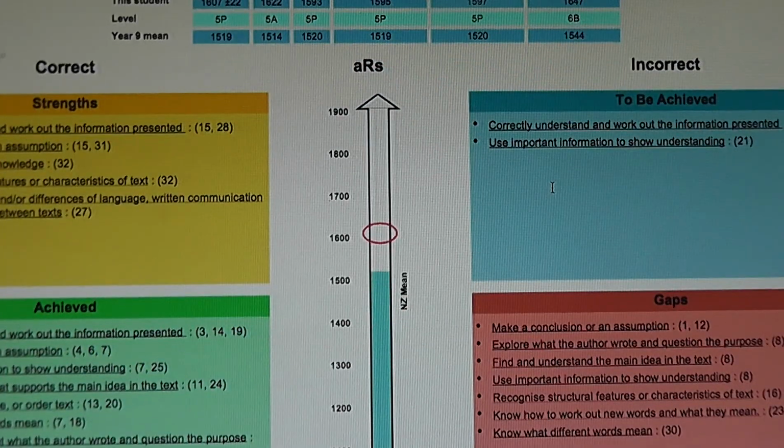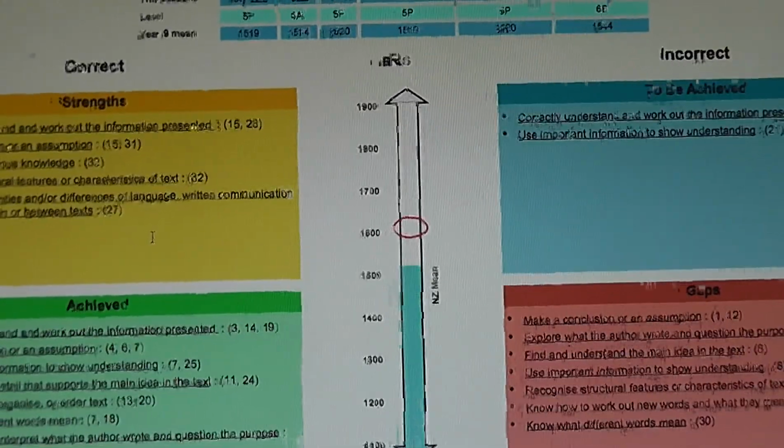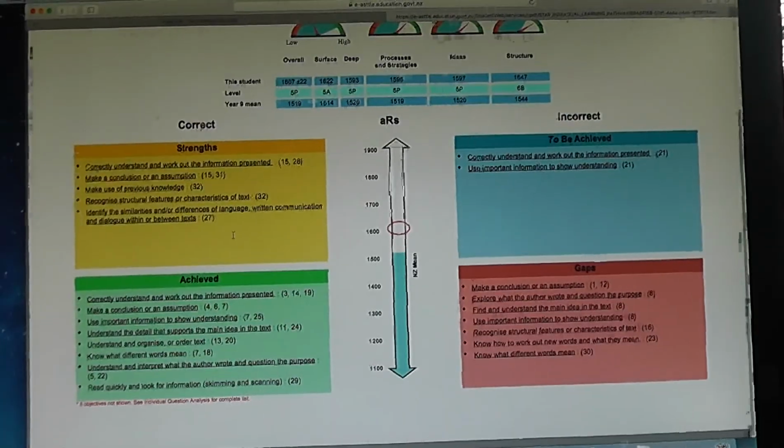Now this one here causes a little bit of confusion, but in fact it's not too tricky really. It's what they call an individual learning profile, and it's divided into 4 quartiles. Now these quartiles, I'll just take this one out a little bit so that you can see the whole of the quartiles here.